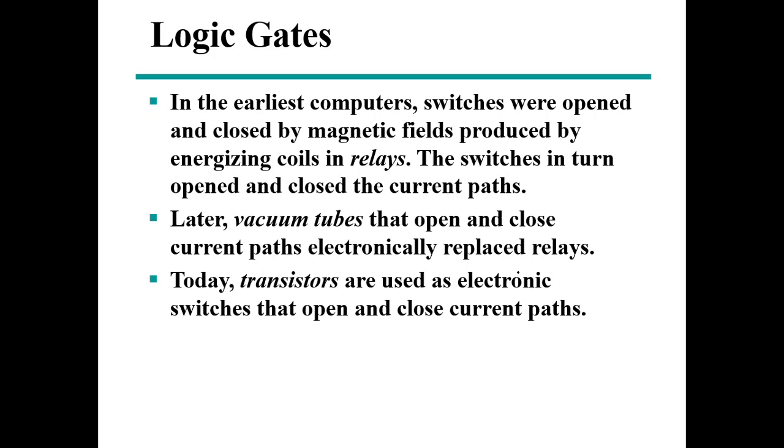Vacuum tubes were used kind of as switches, and they replaced those relays which were used before the vacuum tubes. ठीक है. So those things, the relays and vacuum tubes, they all had their own issues. They required a lot of electricity. They were heavy, big and bulky. You could not fit a lot of these relays and vacuum tubes into a small area.